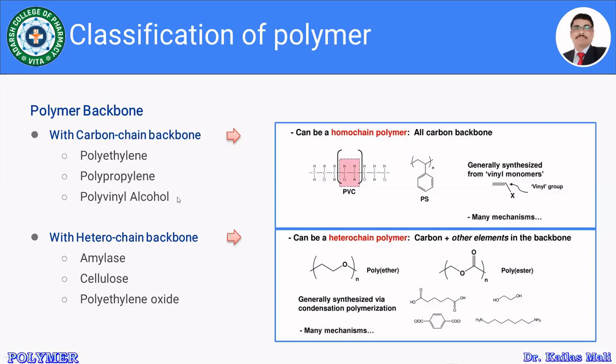Examples of hetero chain backbones, polymers which contain the hetero chain, are amylose, cellulose, and polyethylene oxide.